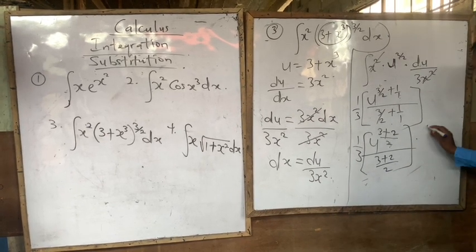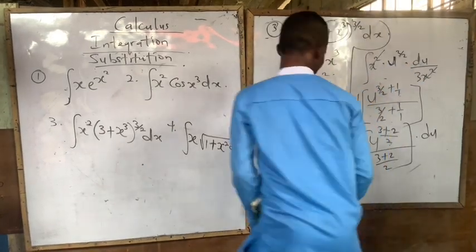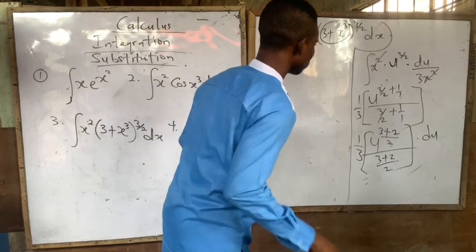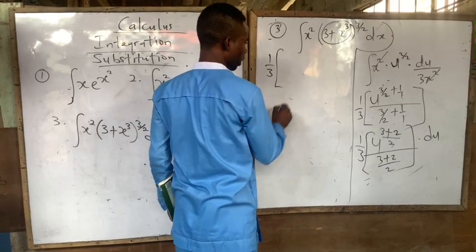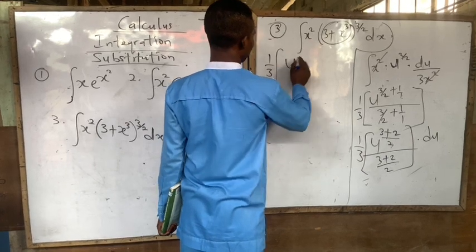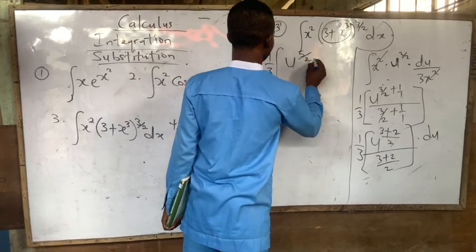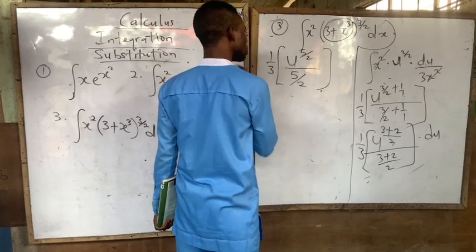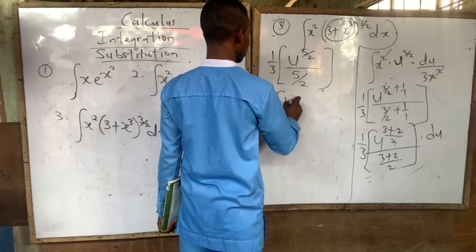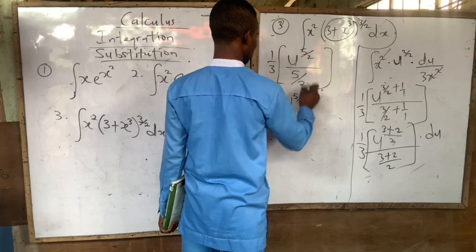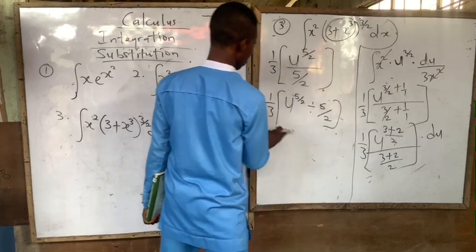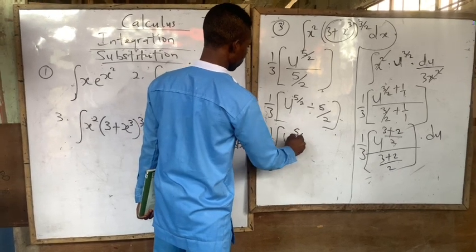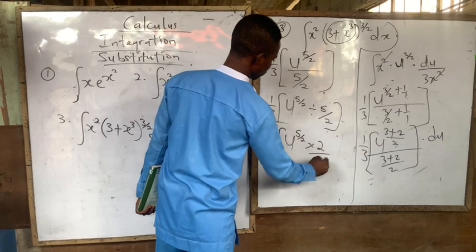Now the u. So what do we do? We are going to have 1 all over 3 times u raised to power 5 all over 2, divided by 5 all over 2. You are having 1 all over 3, u raised to power 5 all over 2 times 2 all over 5.